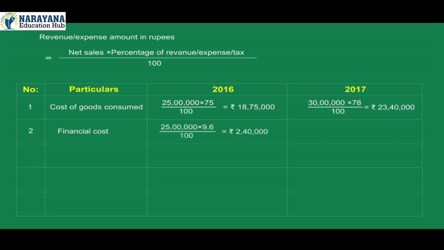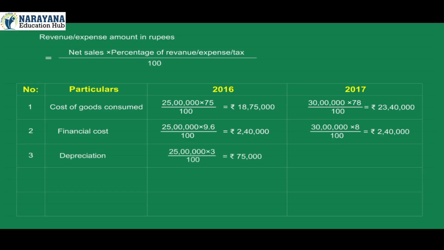Financial cost. 25 lakh into 9.6 divided by 100 is equal to rupees 2 lakh 40,000. 30 lakh into 8 divided by 100 is equal to rupees 2 lakh 40,000. 3. Depreciation. 25 lakh into 3 divided by 100 is equal to rupees 75,000. 30 lakh into 4 divided by 100 is equal to rupees 1 lakh 20,000.